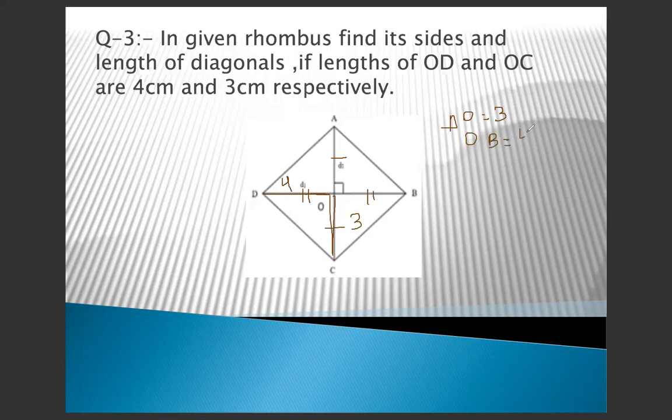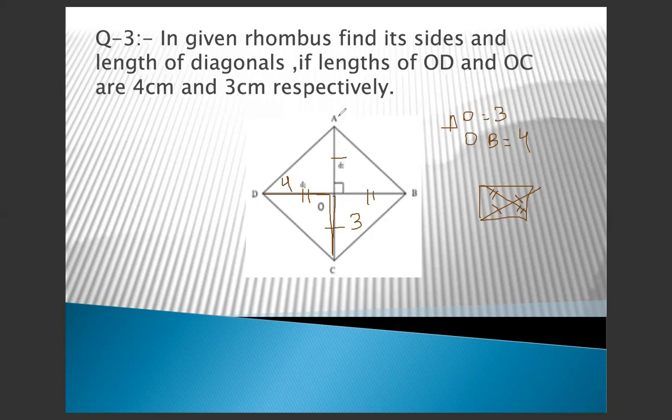Now you all might be confused. Why? Because we have the diagonals here. We know this diagonal is equal to this diagonal and this diagonal is equal to this diagonal.